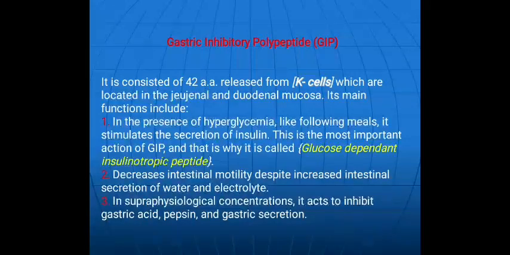Gastric inhibitory polypeptide. It consisted of 42 amino acids released from the K cell, which are located in the jejunal and duodenal mucosa. Its main functions include the following.